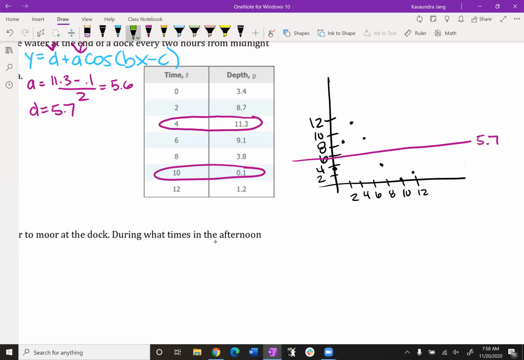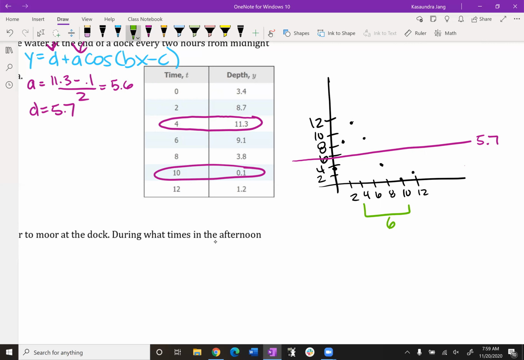It looks like on this graph, I can see my maximum and my minimum. It's hard to see a full cycle. I don't think I have points to finish this full cycle. Let's just see from max to min how long that takes. That went from a time of 4 to a time of 10, so it took a total of 6.